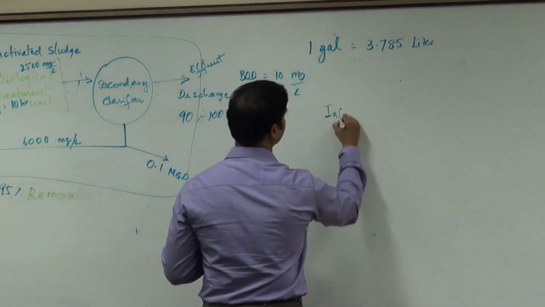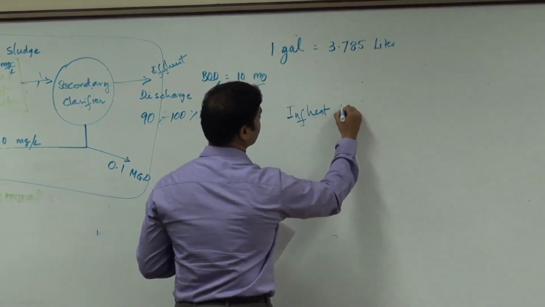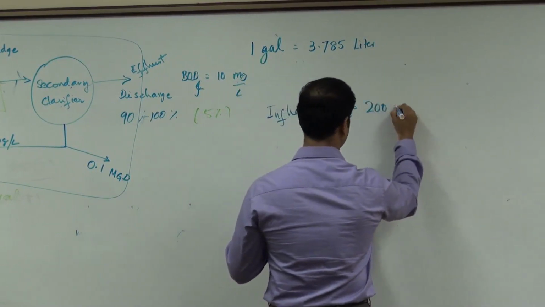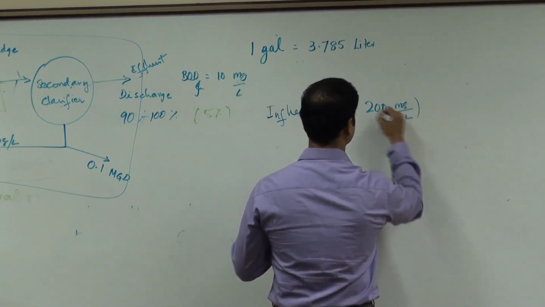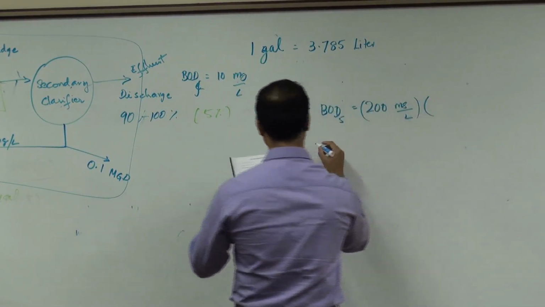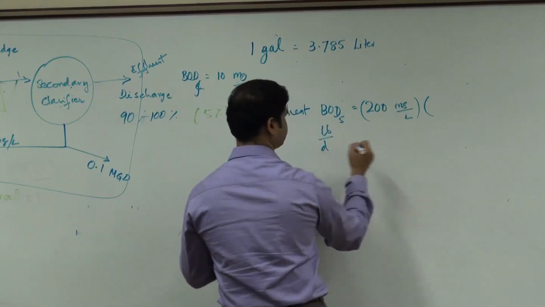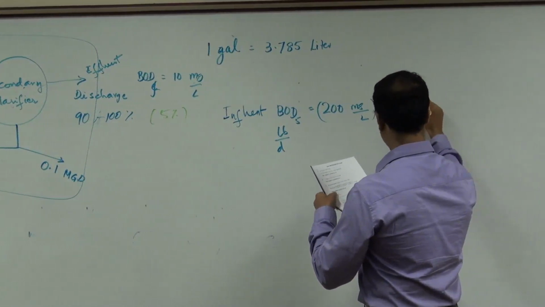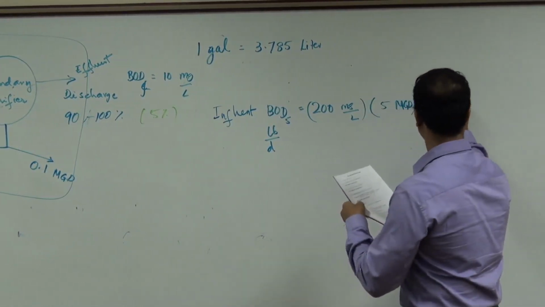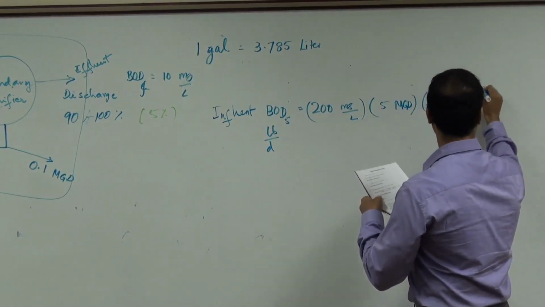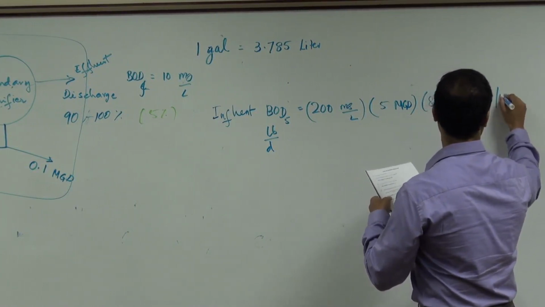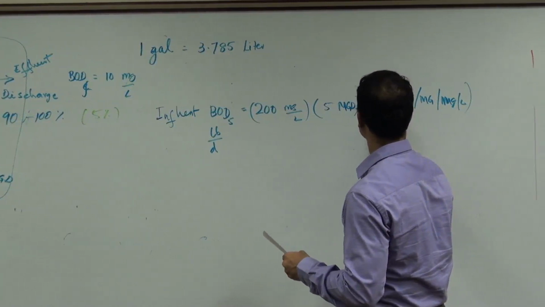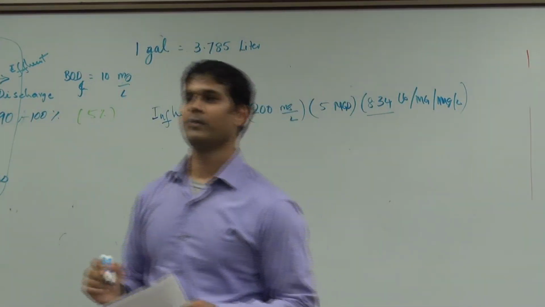So influent BOD is 200 milligrams per liter times the total. I'm going to put it in pounds per day, so that's 5 million gallons per day, times 8.34 pounds per million gallons per milligrams per liter. This you need to know, it's called a magic number, 8.34.